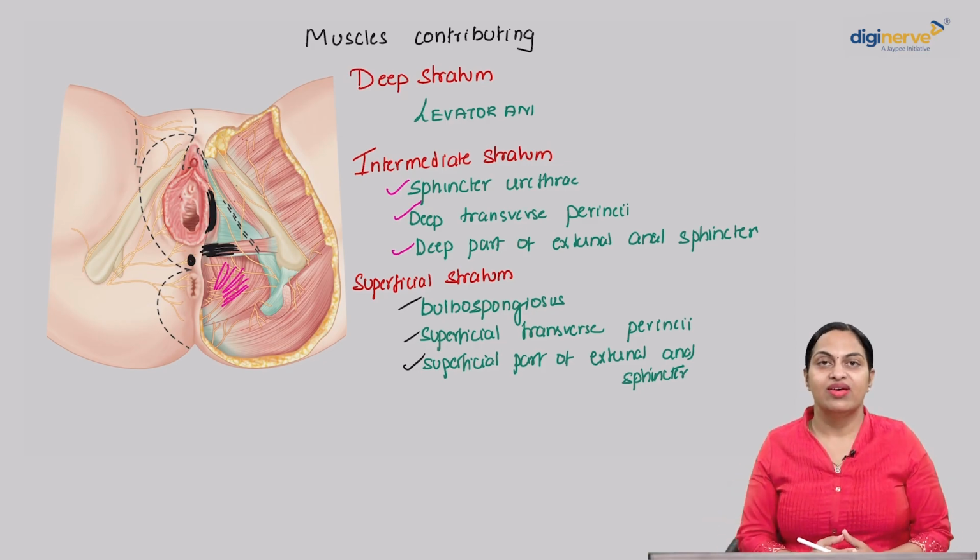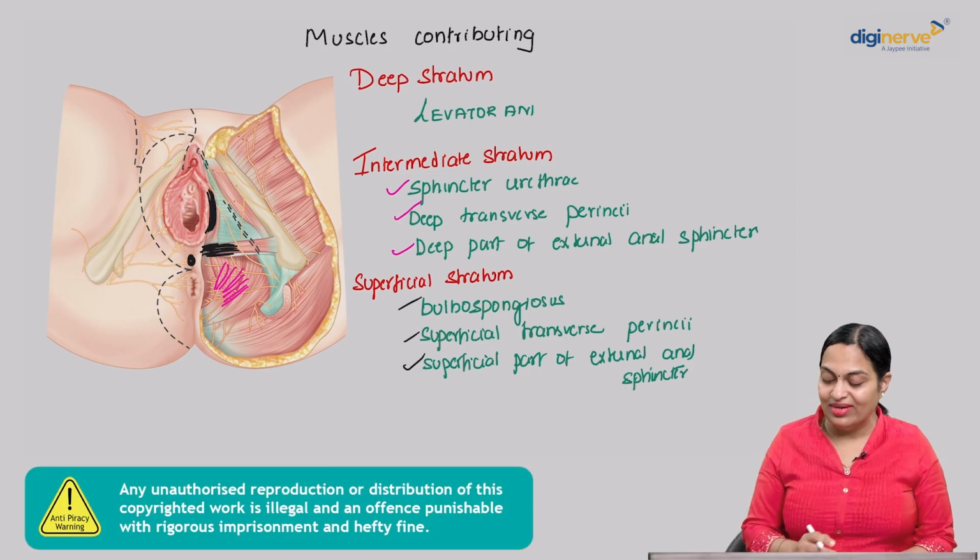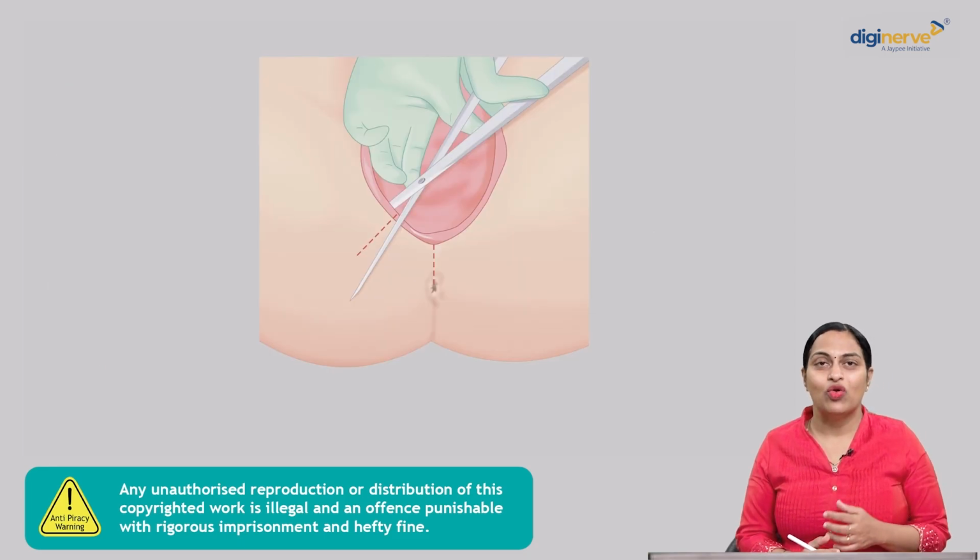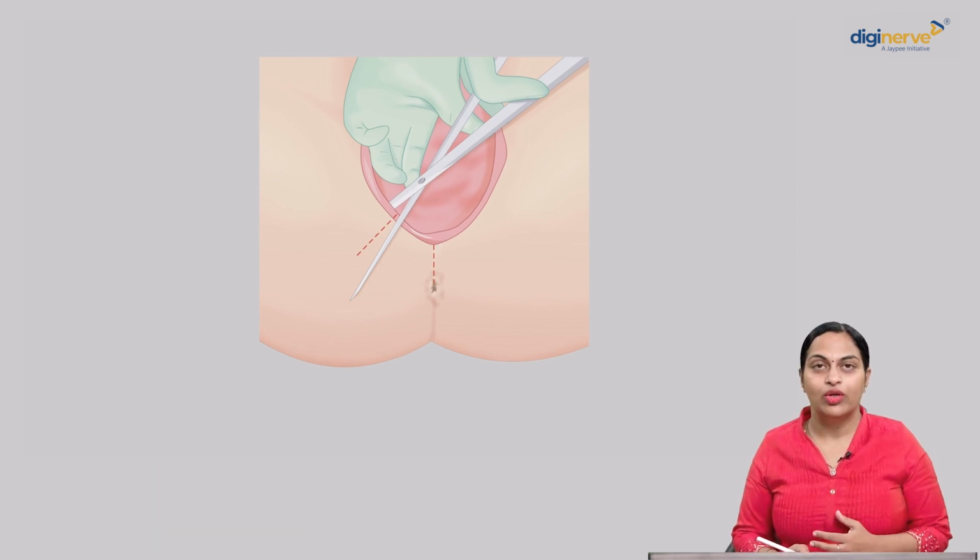All these have a contribution sent to the perineal body, which maintains the integrity of the perineum. So if it accidentally gets injured, then that will weaken the perineum and can lead to descent of the pelvic viscera. So what is this procedure we are doing here?